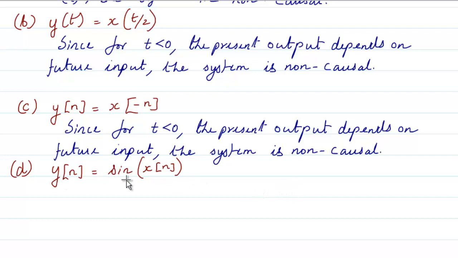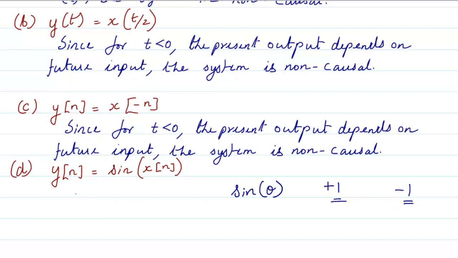Let us look at this case. In this case, you can see that y(n) basically depends on sin(x(n)). We know that the value of sine basically goes between +1 and -1. Whatever be the value inside, that means if I say sin(theta), whatever be the value of theta, the value of sine will always be between +1 and -1, isn't it?